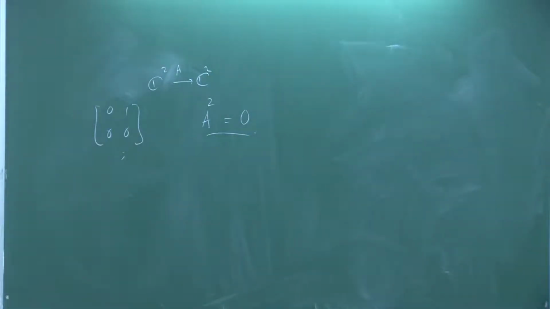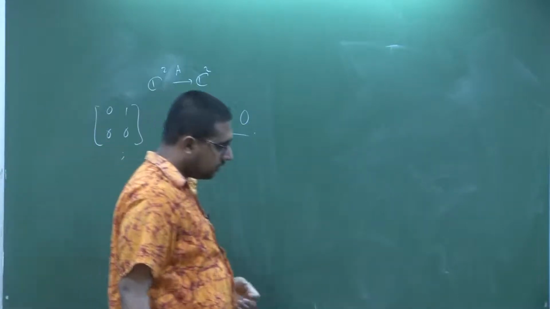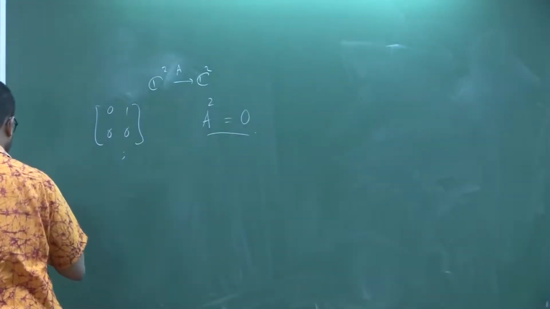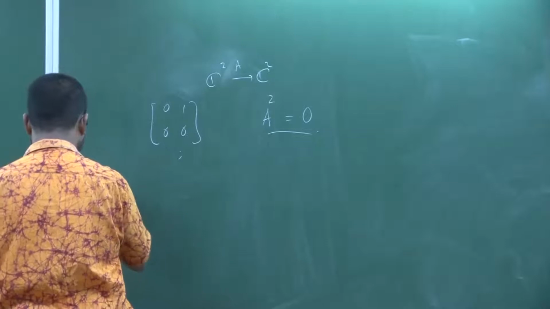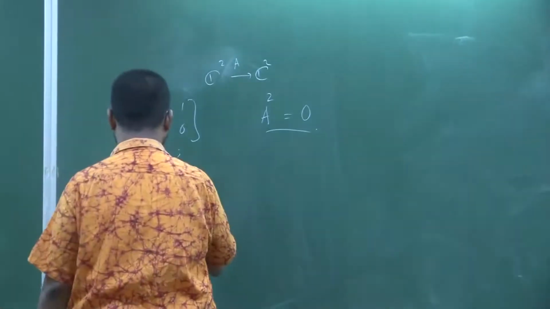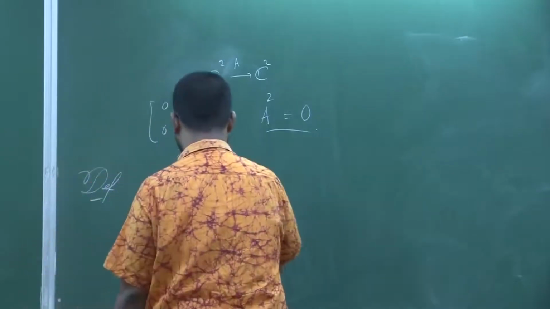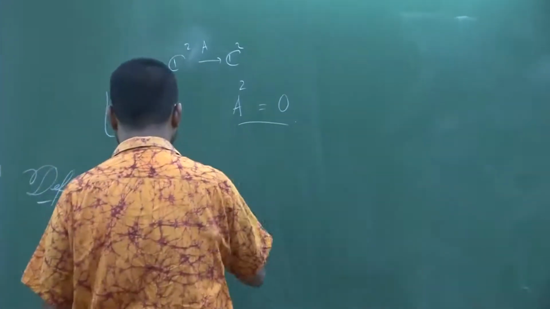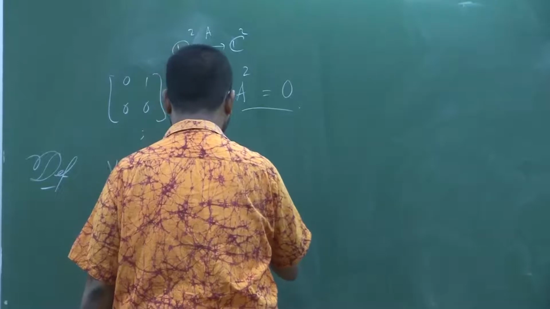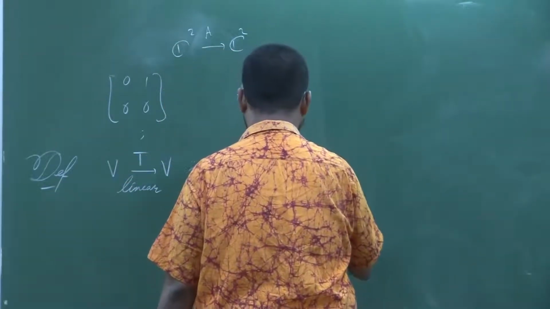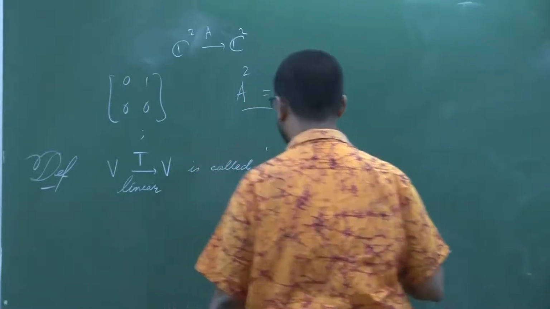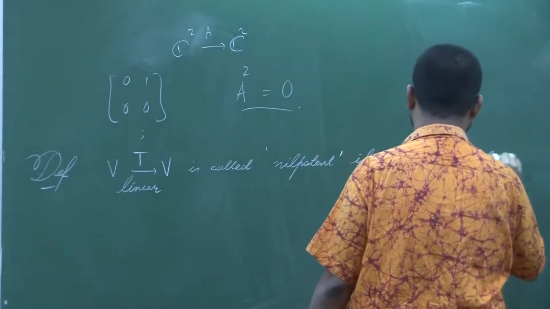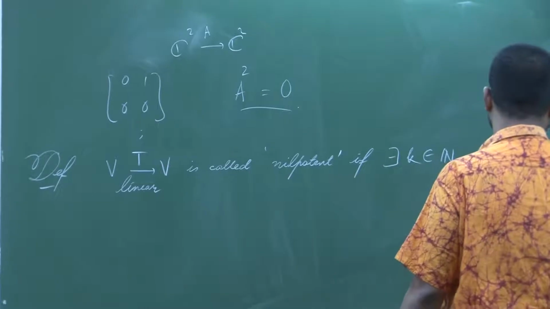Therefore, in general, operators like this have a general name in the literature, so let us make a definition. Let T be a linear operator. It is called nilpotent if there exists k such that T to the power k is 0.